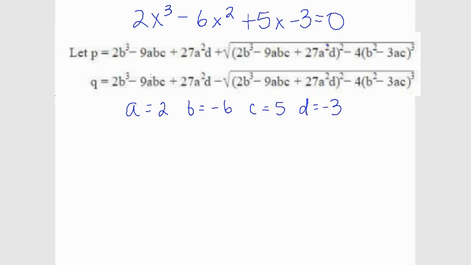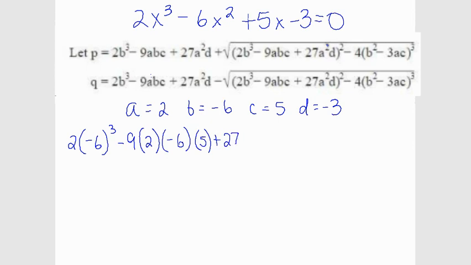All right. So again, P and Q differ only by the plus and the minus right before the square root. So this I should be able to just do in one fell swoop. So I've got 2b cubed, so that's 2 times -6 cubed minus 9abc, so that's times 2 times -6 times 5, plus 27 times 2 squared times -3, okay?